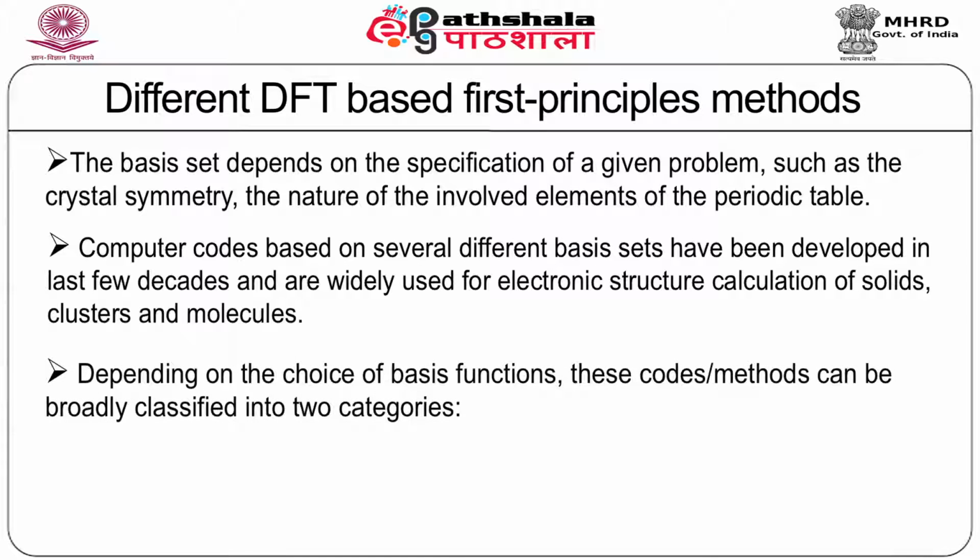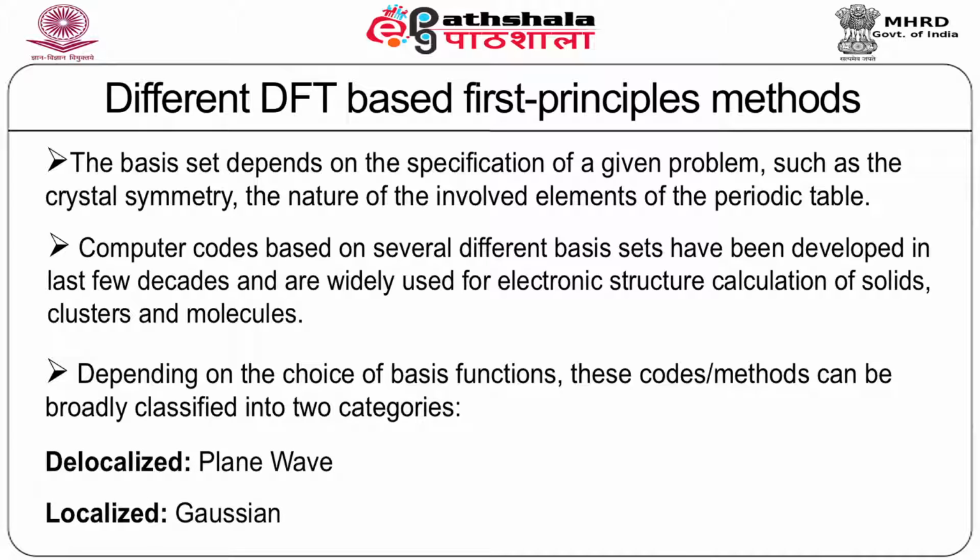Depending on the choice of basis set, these codes or methods can be broadly classified into two categories: those based on the delocalized nature of the wave function, as I mentioned in the introduction, and those based on the localized nature. We shall discuss the plane wave basis set as an example of the former and the Gaussian basis set as an example of the latter.